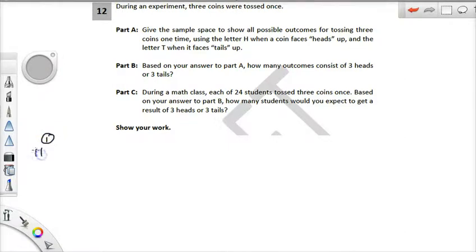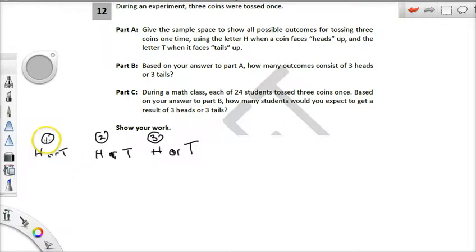The first coin could be heads or tails, the second coin could be heads or tails, and the third coin could be heads or tails. What would be the easiest way to map this? I guess maybe the easiest thing would be to do a tree diagram.